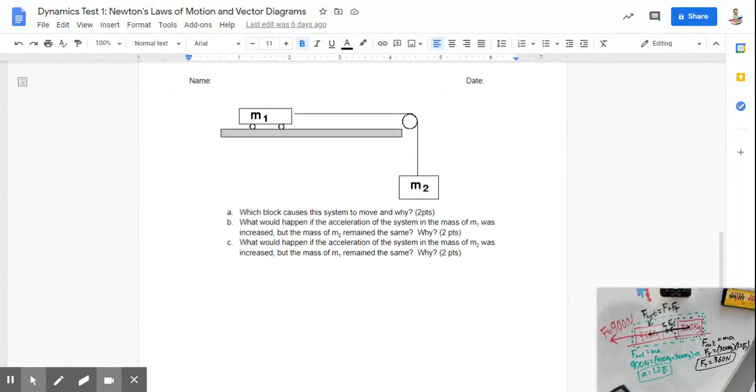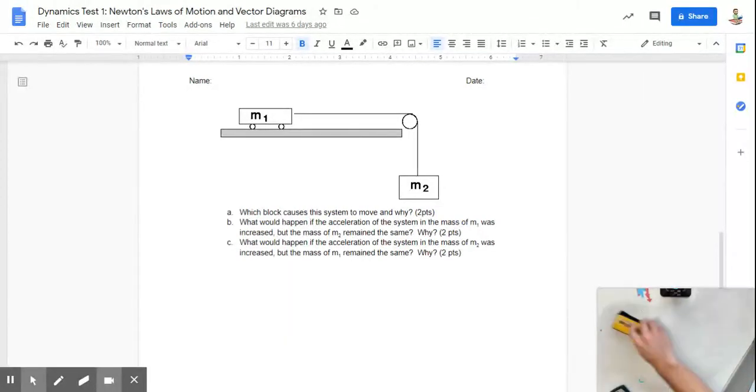Part B. What would happen to the acceleration of the system if mass 1 was increased? So this, instead of being small, is much bigger, much heavier. But M2 stays the same. So this is an Fnet equals ma question. The net force is coming from M2.